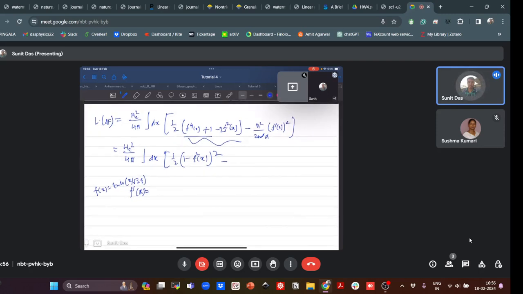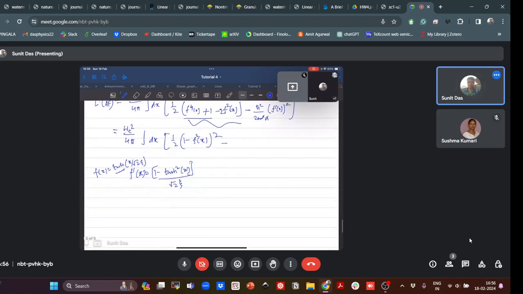So if we do this simple tan hyperbolic derivative, it will be f prime x equal to 1 minus tan hyperbolic square x by root 2 xi, right? Okay, so this is the f dash x, which we can again write as 1 minus f square x by root 2 xi.